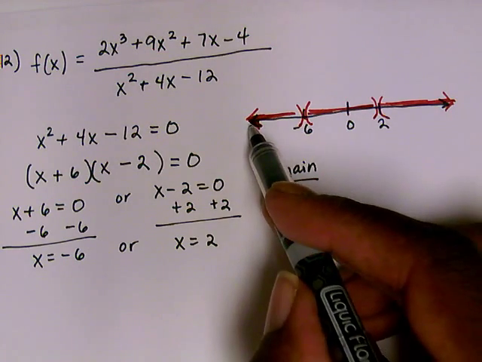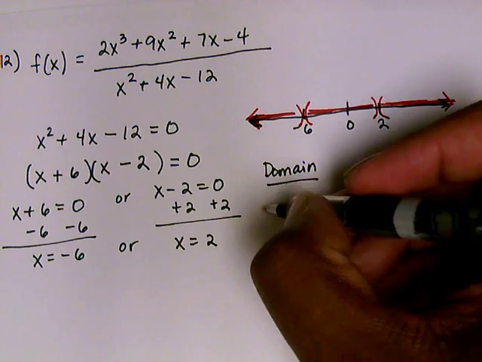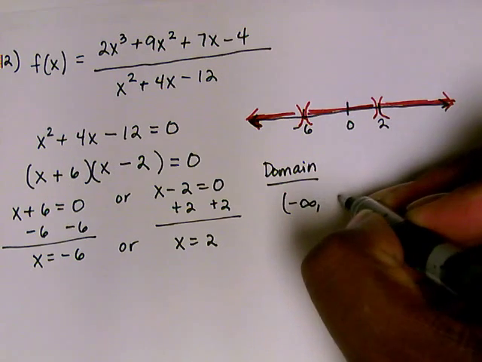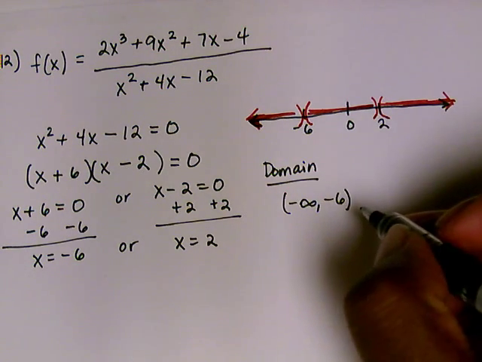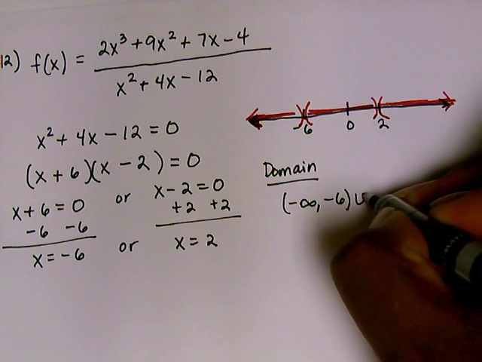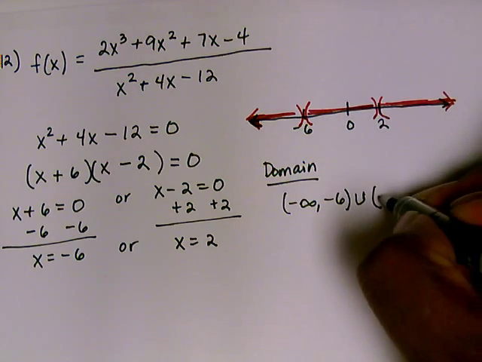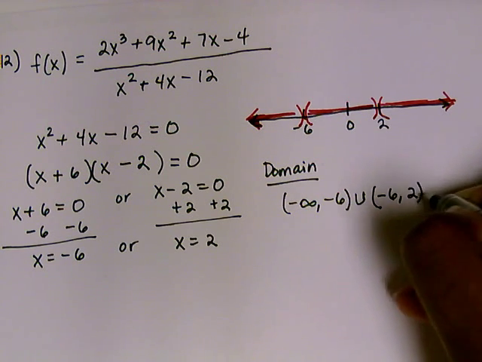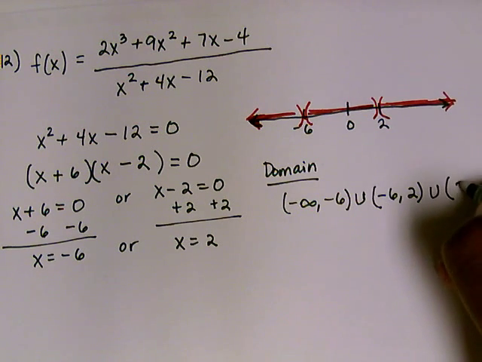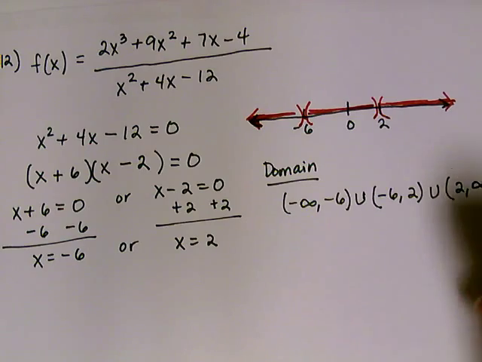From left to right will be from negative infinity to negative 6, and we use parentheses around the 6. Or, and we use the symbol for the union, negative 6 to 2, or 2 to infinity.